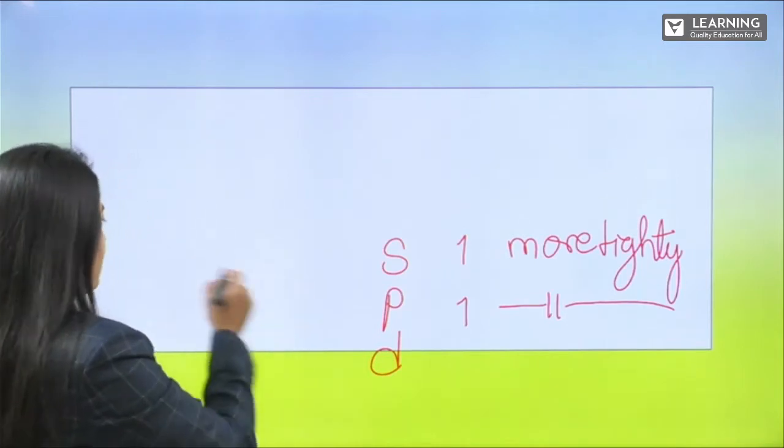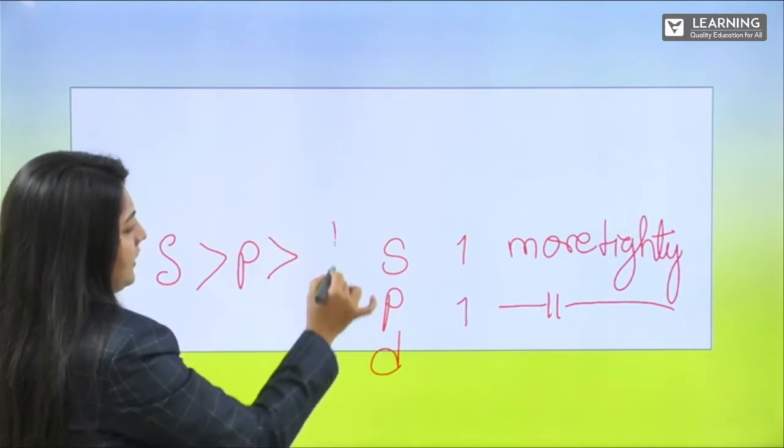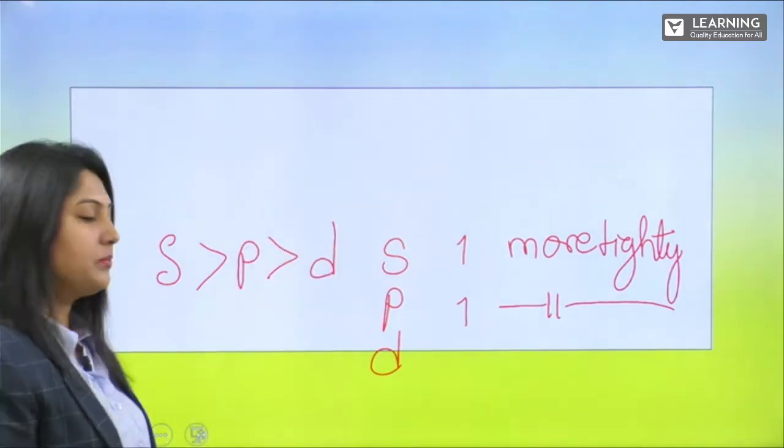So what is the increasing order? First s orbital is more tightly bound, and then p, and then d. Understood? Good.